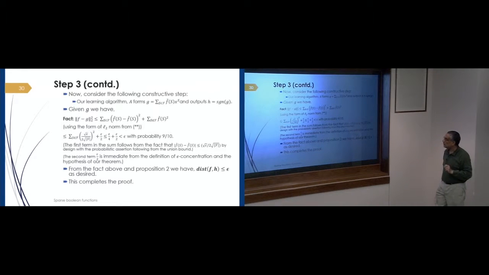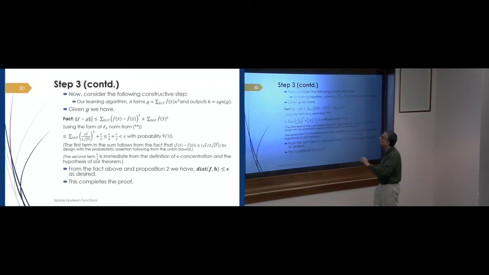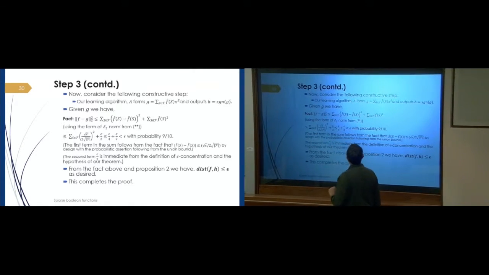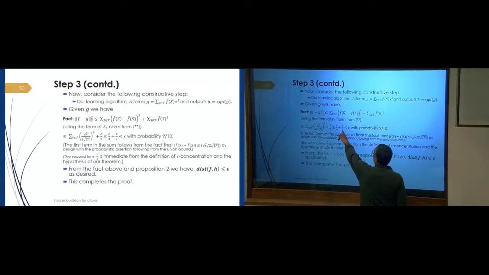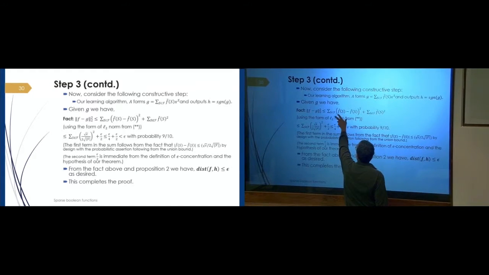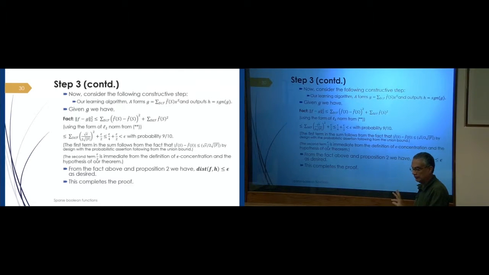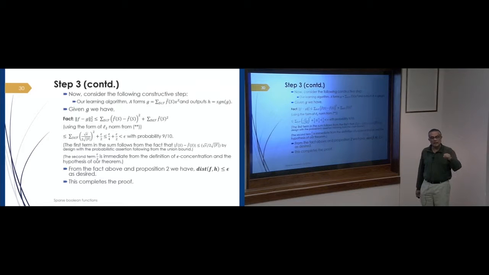Okay? So given g, the difference between f and g under the L2 norm is simply the sum over the sets, which is now using the Fourier expansion formula for the L2 norm instead of the direct formula. I mentioned to you there are two ways of representing the L2 norm, either as f x g x, which is the inner product, or its equivalent Fourier spectrum representation.